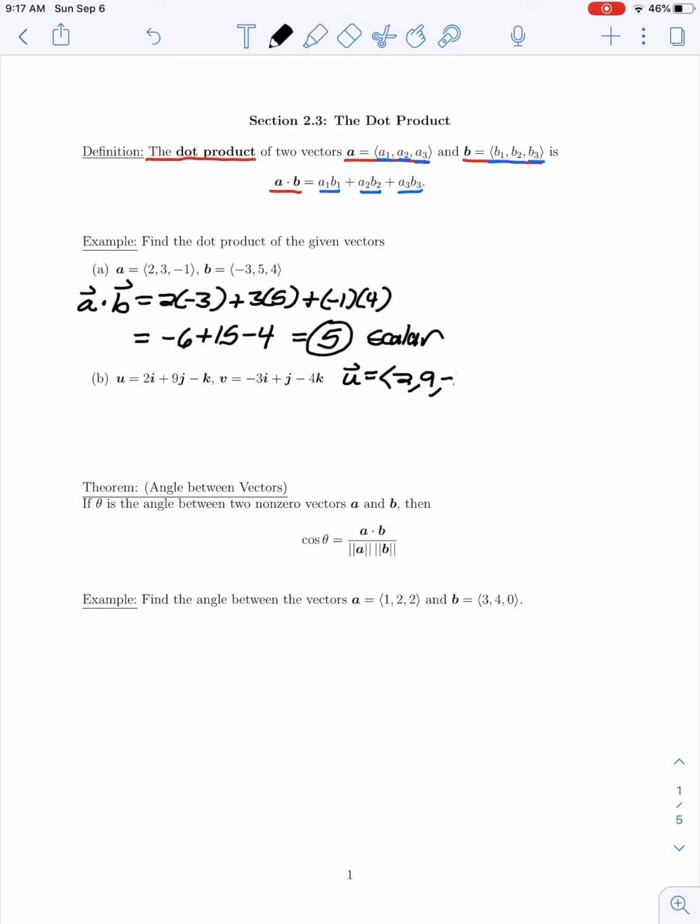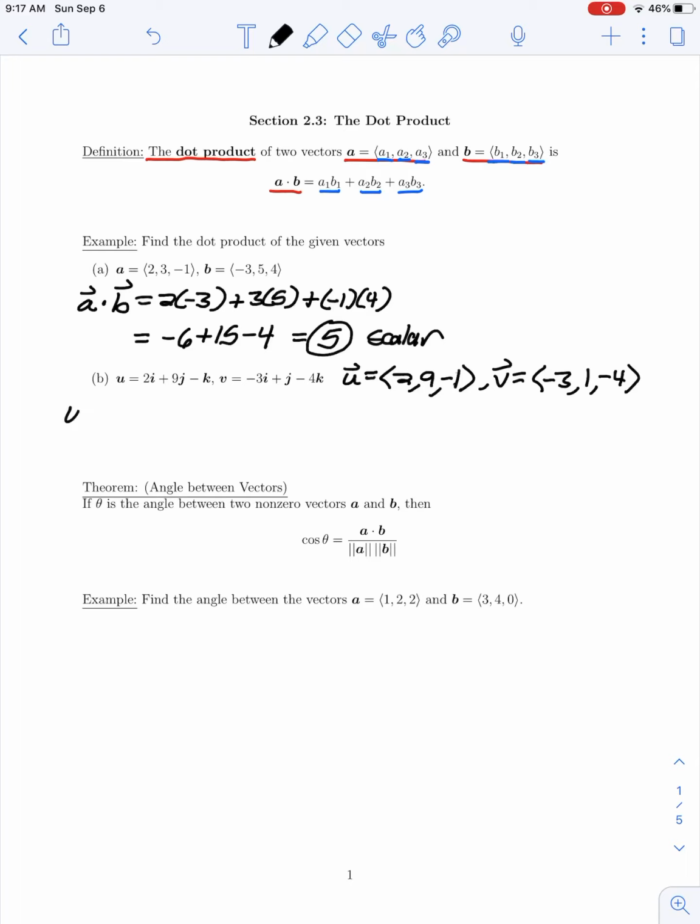So we call these the i, j, and k components of our vector. And v would have an i component of -3, j component of 1, and a k component of -4. So just two different notations for expressing these vectors.